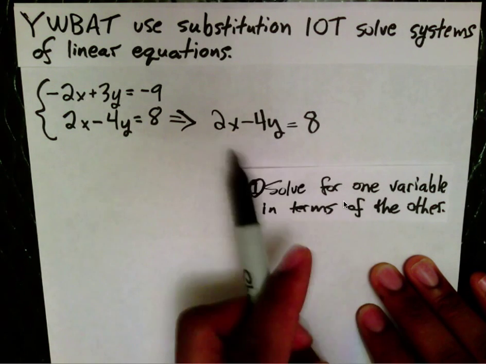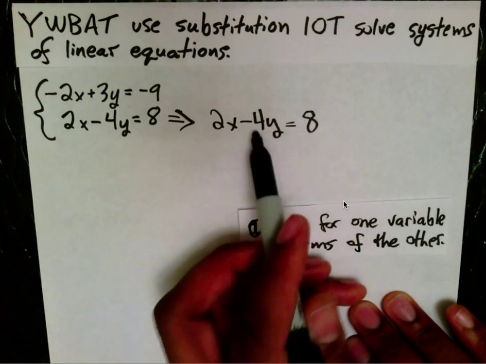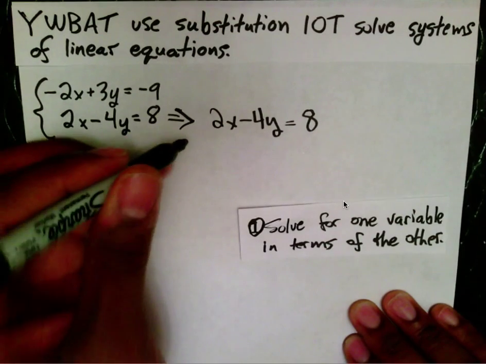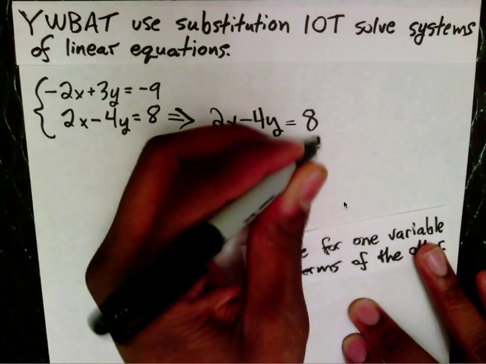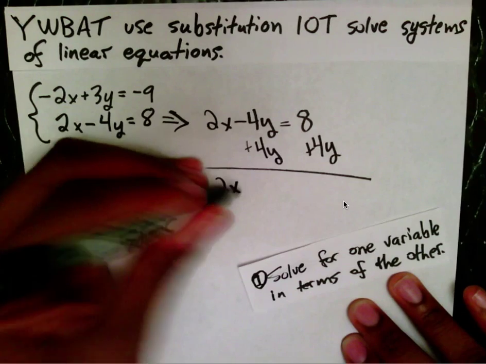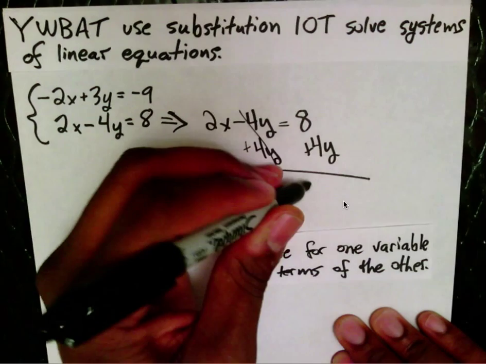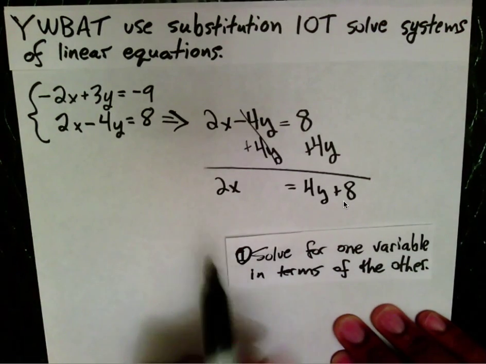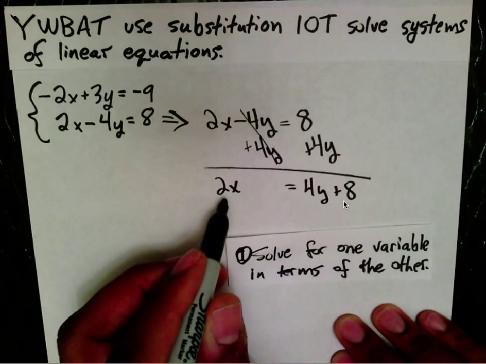So I have my second equation. I'm going to solve for x, so I want x by itself. Let's add 4y to both sides. So I have 2x, my 4y's cancel, equals 4y plus 8. There we go. And now I want to get this x by itself, so I divide everything by 2.